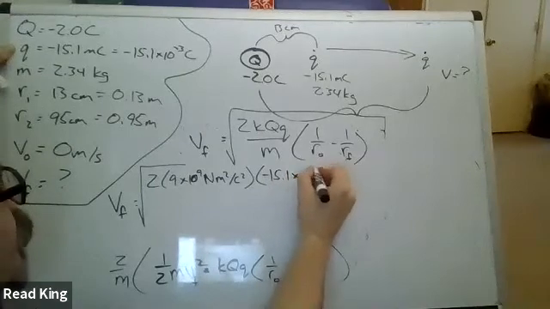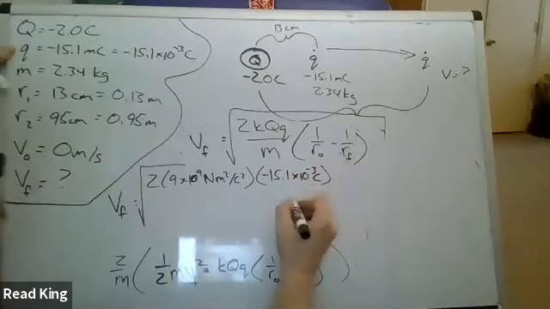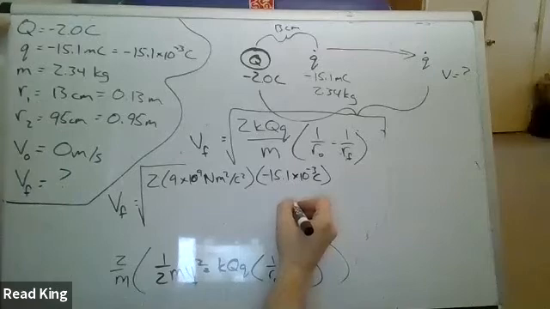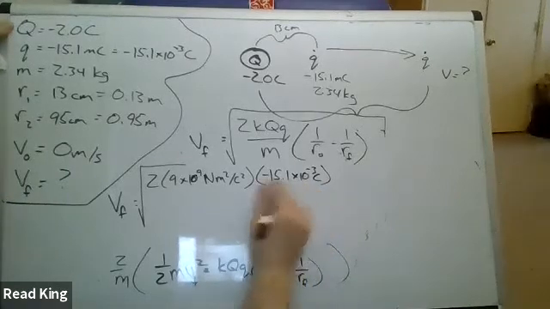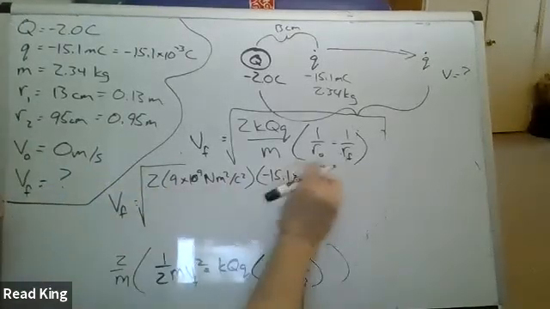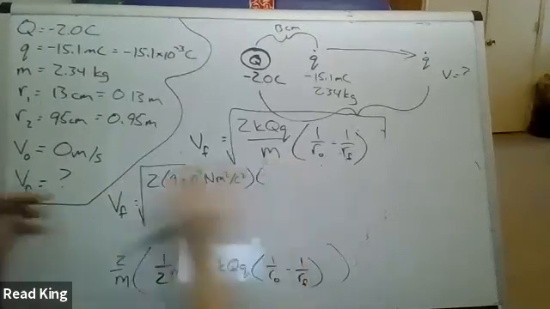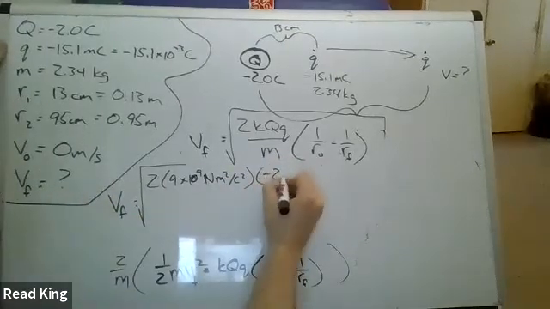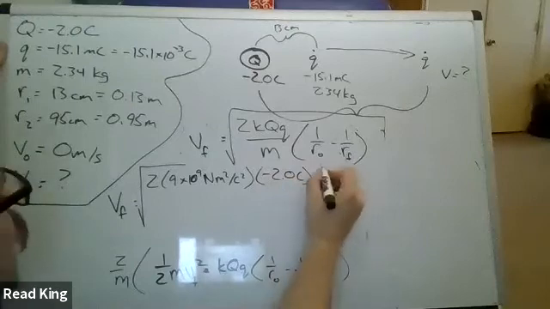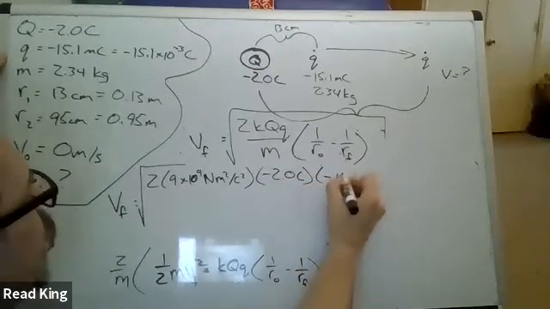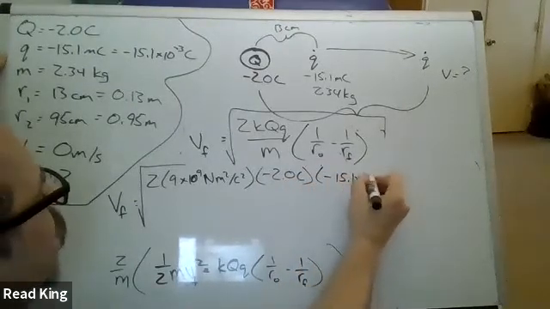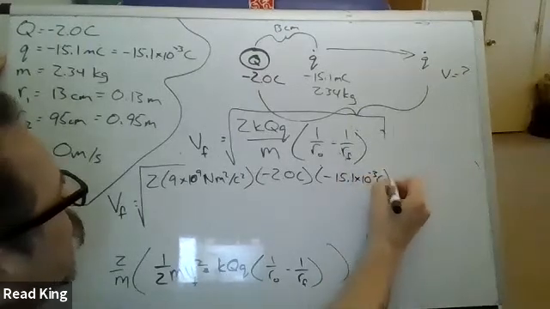Times 10 to the minus 3 coulombs times Q, oops, I did this reversed. Let me do the big Q first, just so we've got them all in the same order. Minus 2.0 coulombs times minus 15.1 times 10 to the minus 3 coulombs.